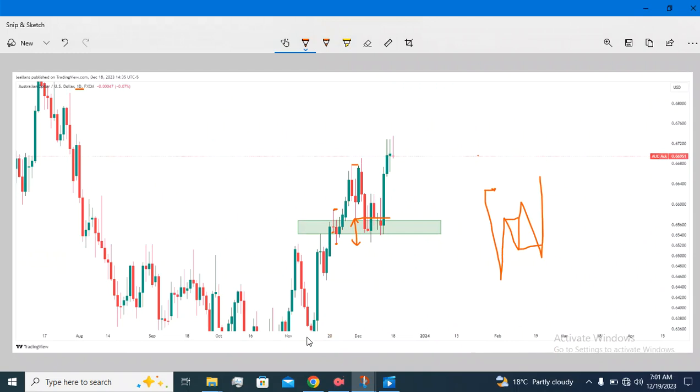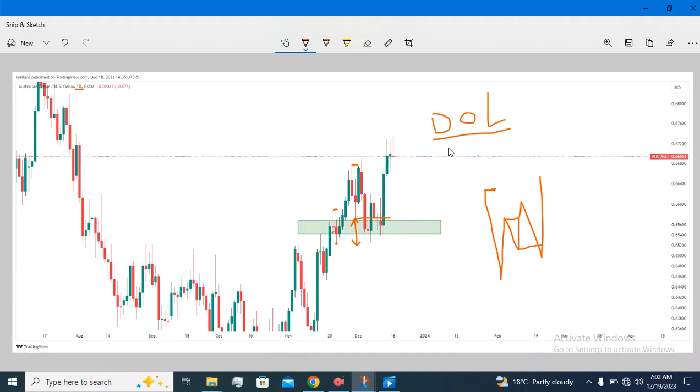This market is moving to meet targets, right? This market moves to draw on liquidities. It is either going to draw liquidity on the swings, the swing highs and the swing lows, taking those stop orders that have been set there, or it is going to refill an imbalance.